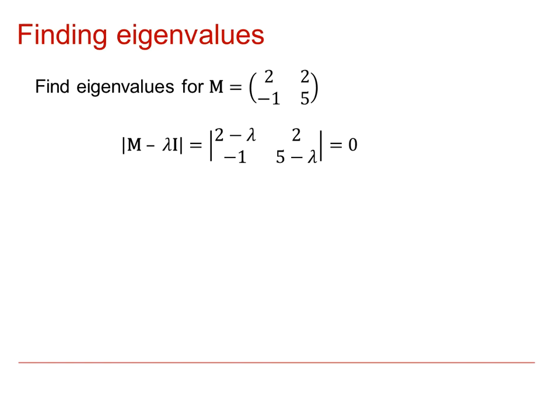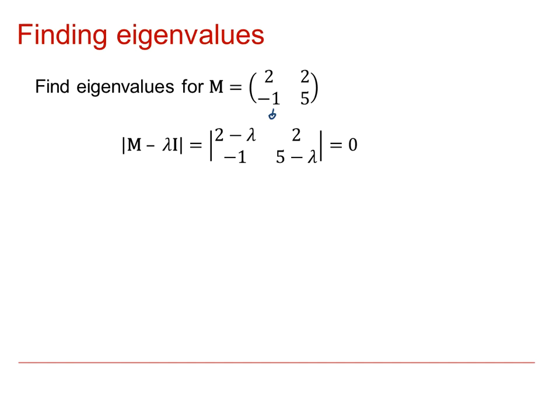The characteristic equation tells us that the determinant of M minus lambda I must be equal to 0. So taking the matrix M and then simply subtracting lambda on the leading diagonal produces this equation.